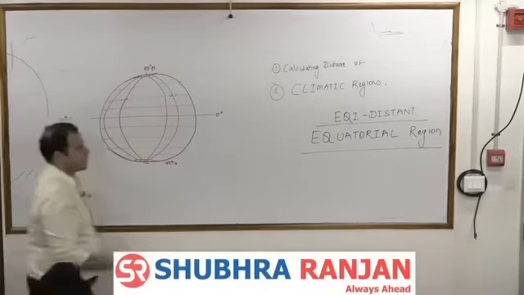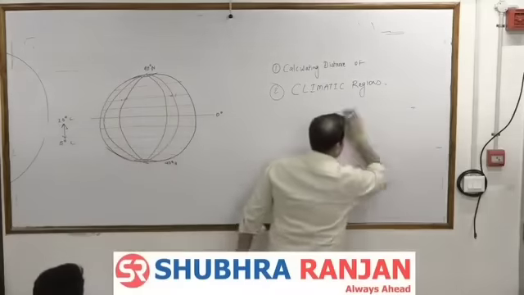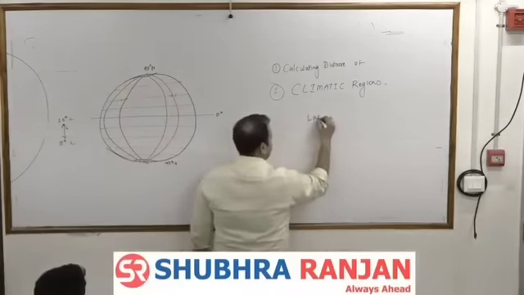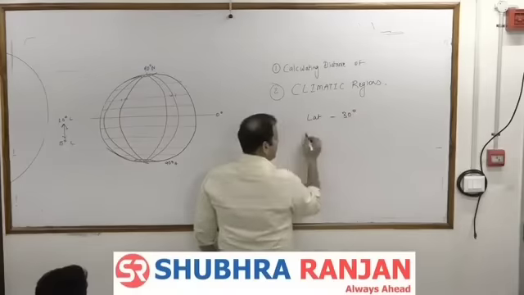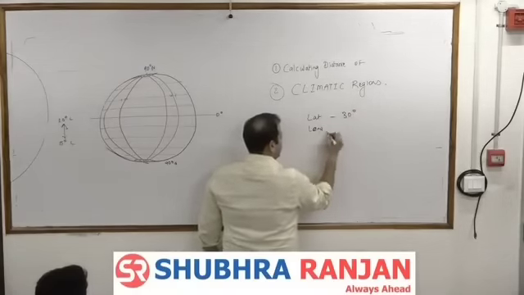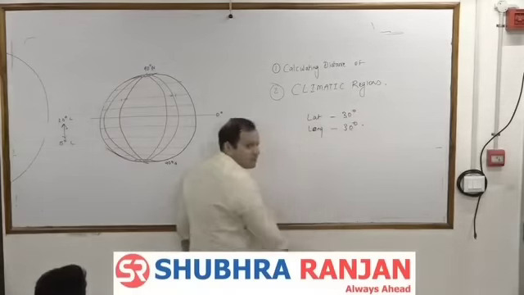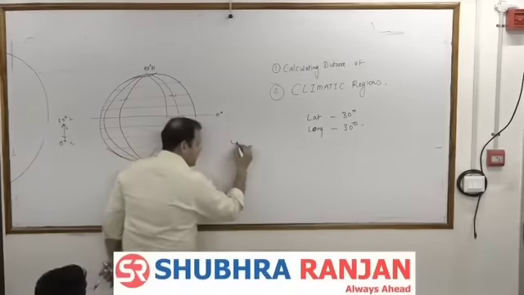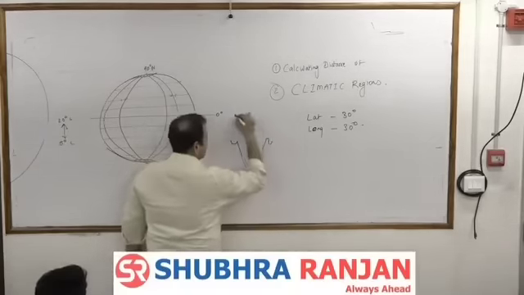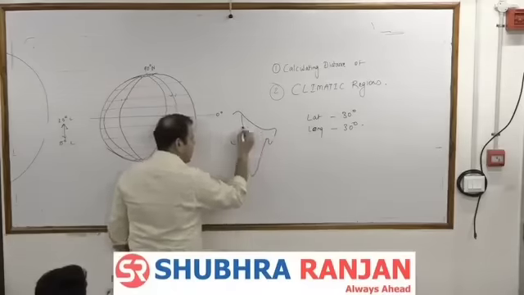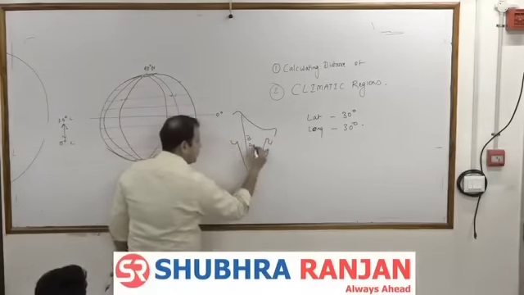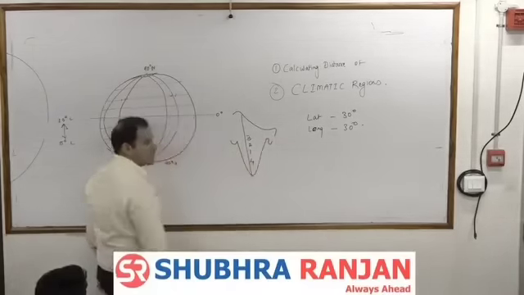You see its application. We say the latitudinal extent of India is 30 degrees. We say the longitudinal extent of India is also somewhere around 30 degrees. But when we study the length of India from Kashmir to Kanyakumari, it is 3214 kilometers.